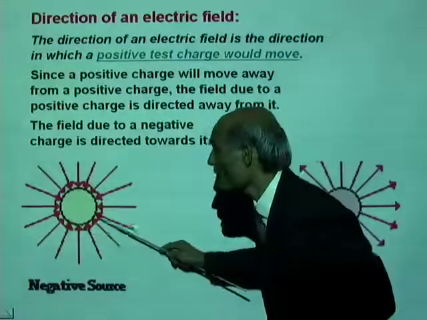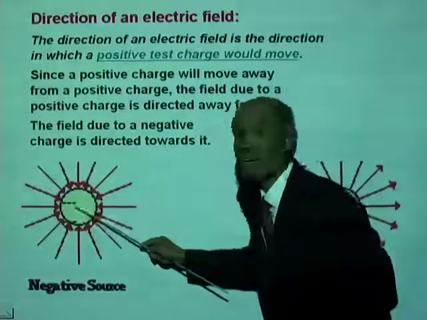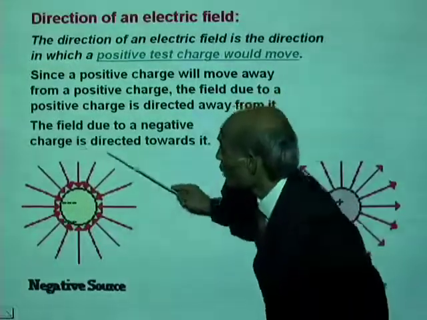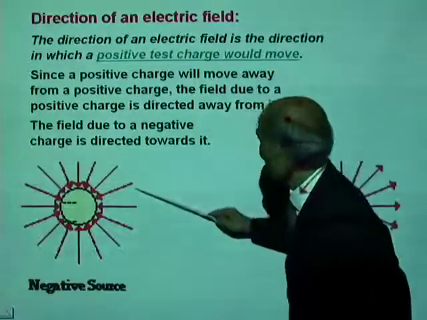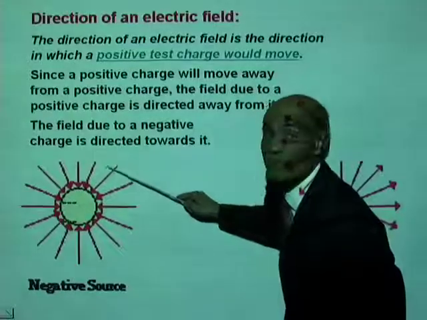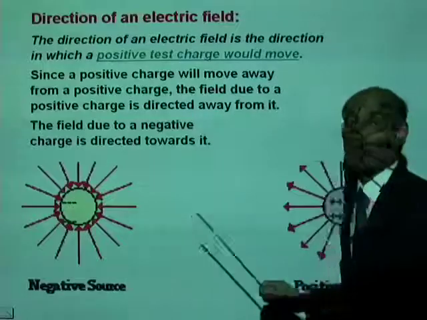What kind of a charge is this? Well, this is a negative charge. The field due to a negative charge is all directed towards it. In other words, if I place a positive test charge anywhere here, it will move towards that negative charge.